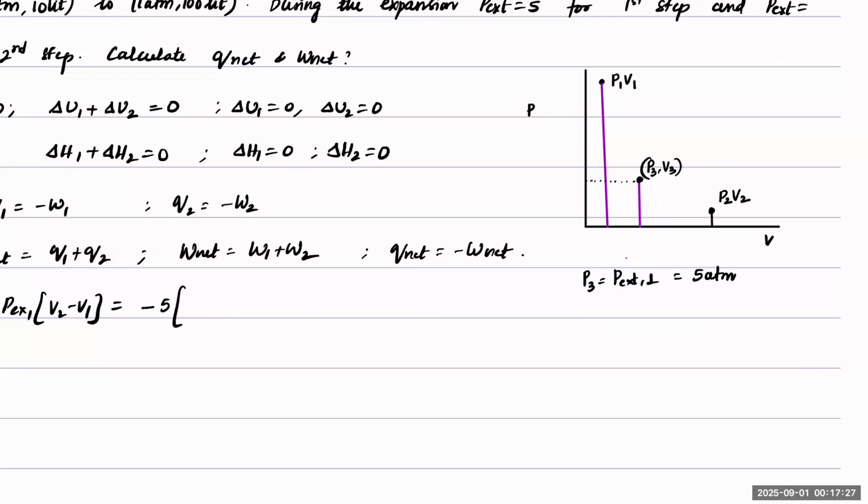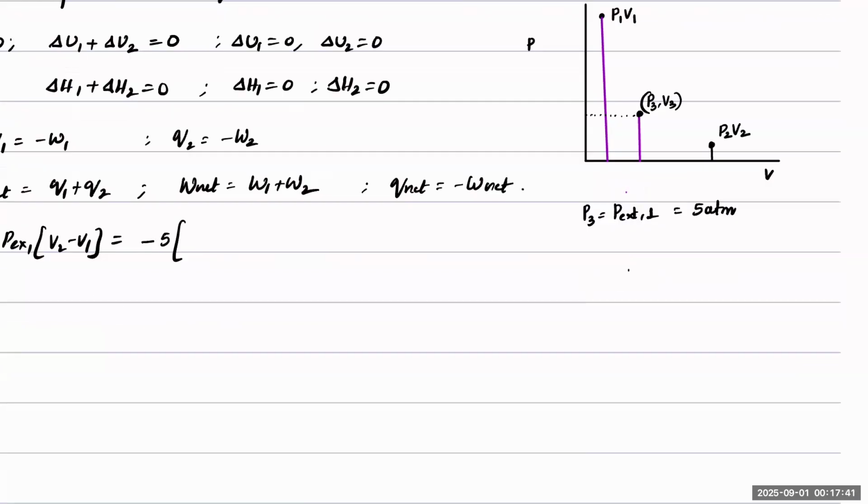And you know that as long as we have the same gas maintained at a constant temperature, Boyle's law is valid because everything we are working out is in a closed system. So the number of moles is not changing. So I can say P1 V1 will always be equal to P3 V3, which will always be equal to P2 V2, because Boyle's law has to be followed all the time.